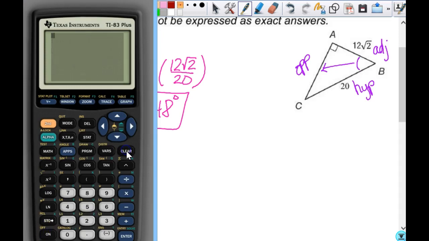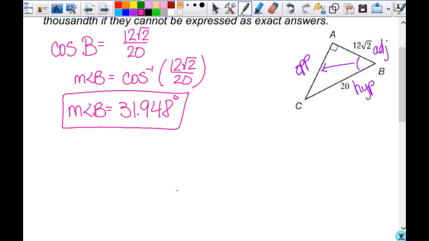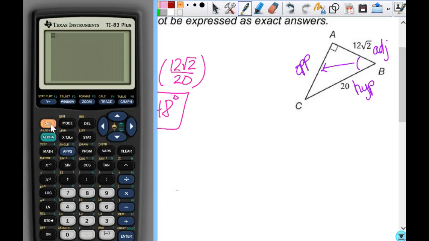If you did not get that and you got an error, see if you can figure out what was wrong. Cosine inverse of 12 square root of 2. It's going to think that you're taking the square root of 2 divided by 20, and that's not what's happening.